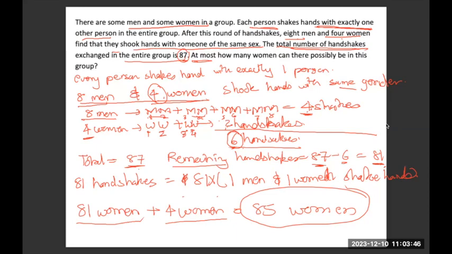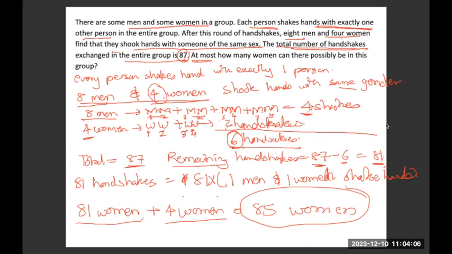Ma'am, isn't 85 the exact number? It can't be more or less than that. So why have they given at most? They have given it as the maximum possible number of women. Ideally, it should be 85 women only in the whole group.